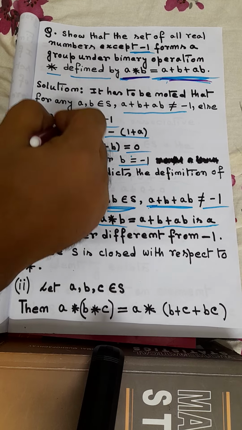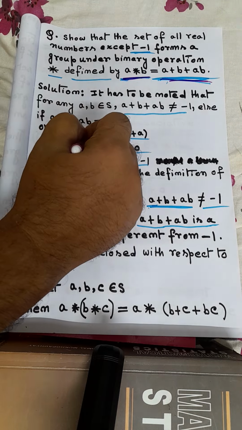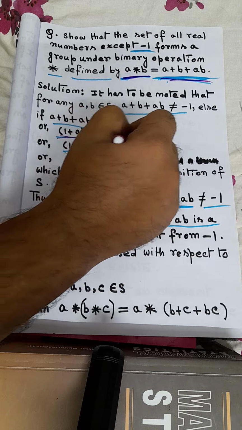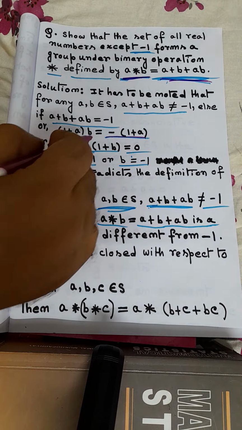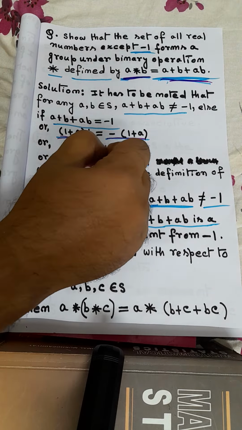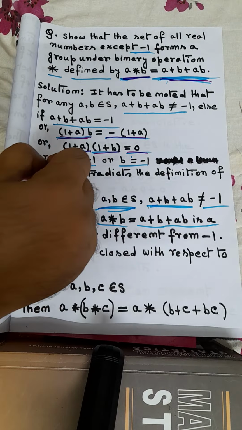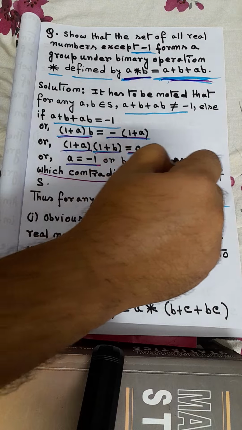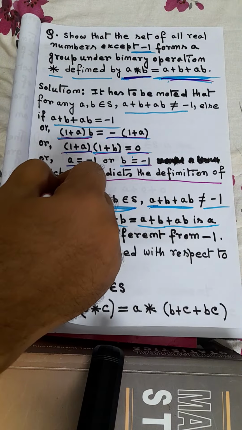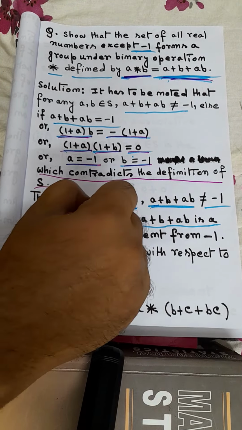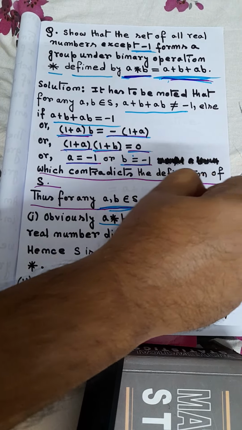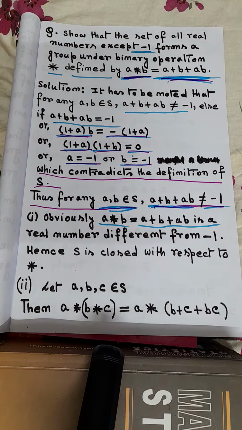Then we get (1 + a)(1 + b) = 0, so a = -1 or b = -1, which contradicts the definition of S. Thus, for any a, b belonging to S, a * b will never be equal to -1.